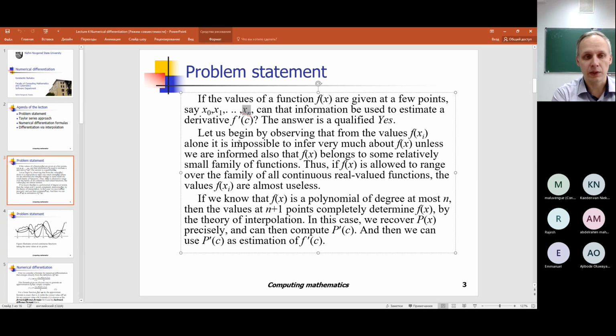Yes, we can do it. If we know only the values of the function, this information will be almost useless for us.